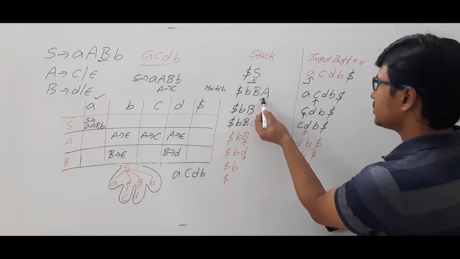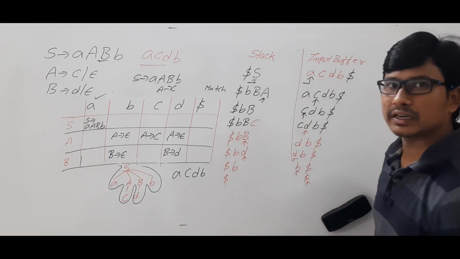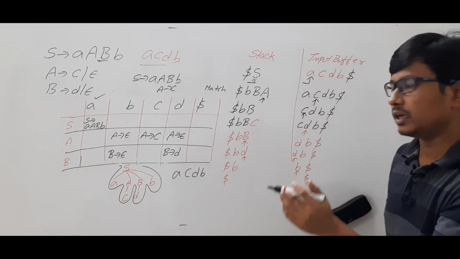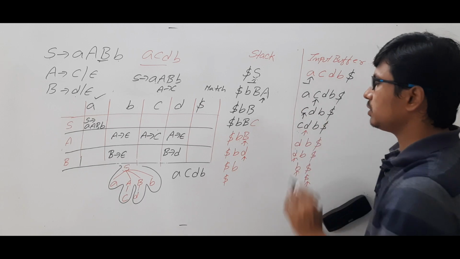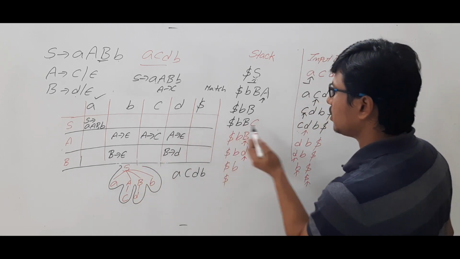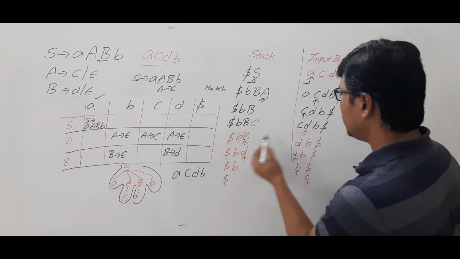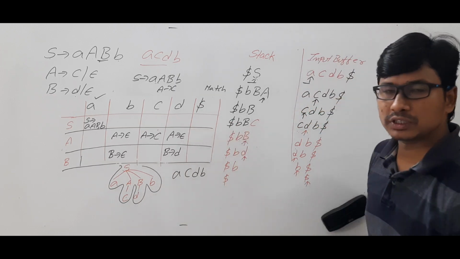Similarly, I have used A on a, I have checked it. Am I right or wrong? A on a, because this one was popped at that time. The small a and a match, and then we have done A on c, and I have written that production here. And similarly B on d, I have used this production D because it was pushed onto the stack.